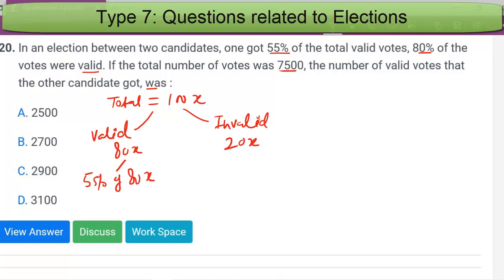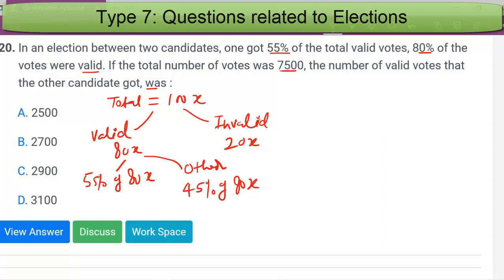So what did the other get? If one is getting 55%, then the other one is getting 45%, so 45% of 80x. It is given that one got 55% of this 80x, so obviously the other one is getting 100 minus 55, which is 45% of 80x. This is what is being asked: the number of valid votes that the other candidate got.